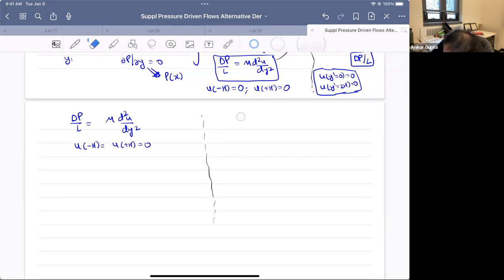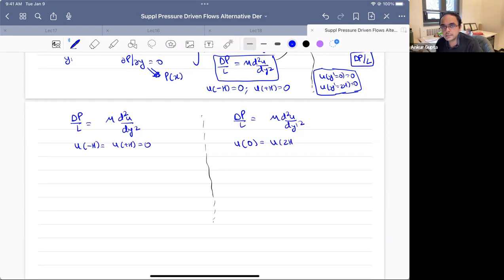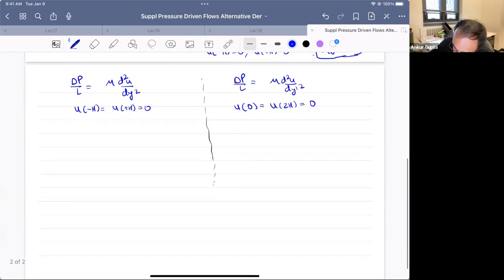Here I have delta p by L equal to mu d square u by dy prime square, where u of 0 is equal to u of 2h equal to 0. Okay, so this is essentially my whole difference between the two cases. In one case I have it in terms of y, in one case I have it in terms of y prime.